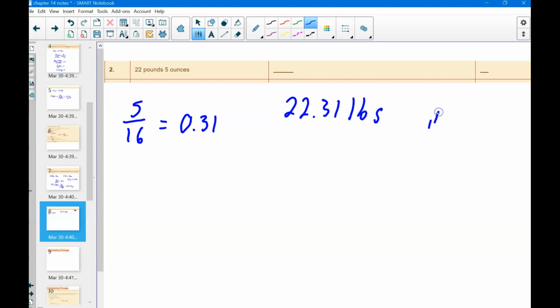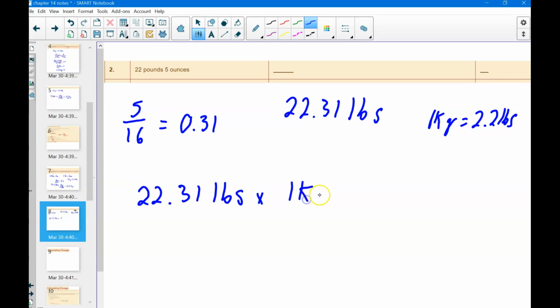Another 1 kilogram is 2.2 pounds. So we take our 22.31 pounds. Same as before. You can still use ratio and proportion for this, but I like dimensional analysis best. Multiply by 1 kg over 2.2.